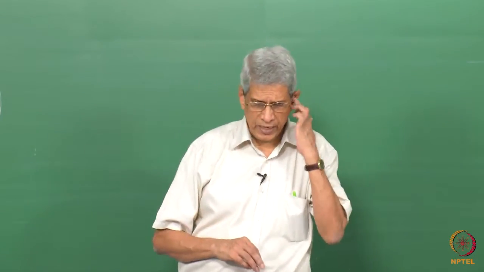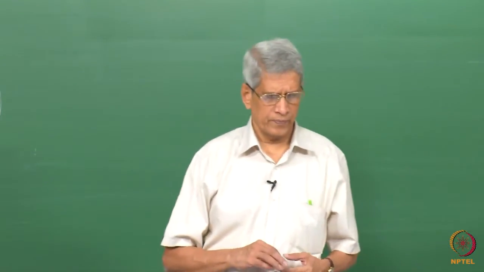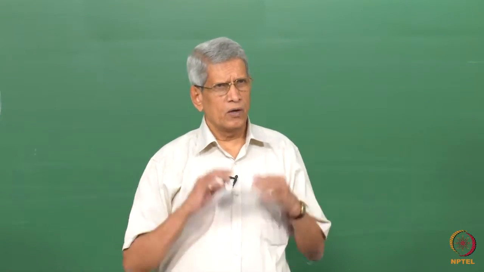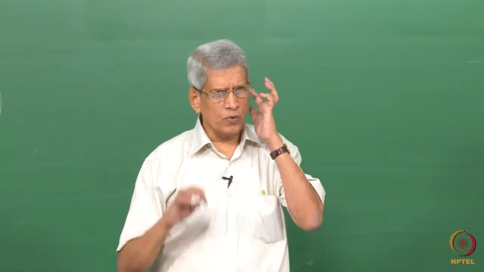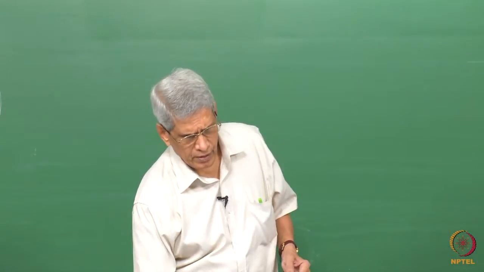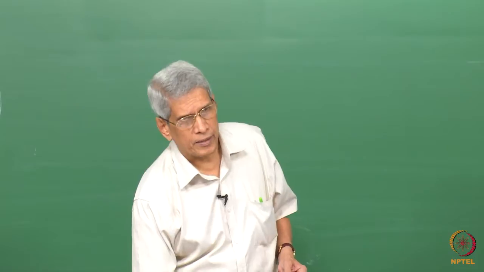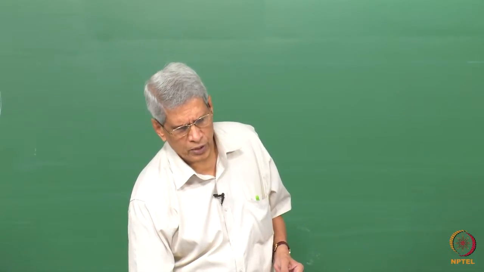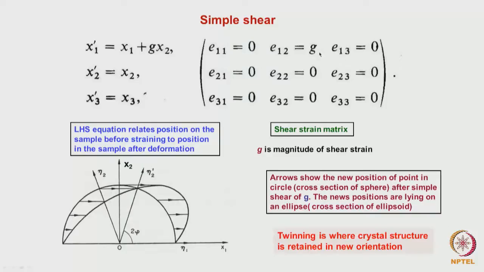Let us just look at a simple shear. In a simple shear, if you look at the strain tensor which is being given, it is only one direction we are giving a simple shear.